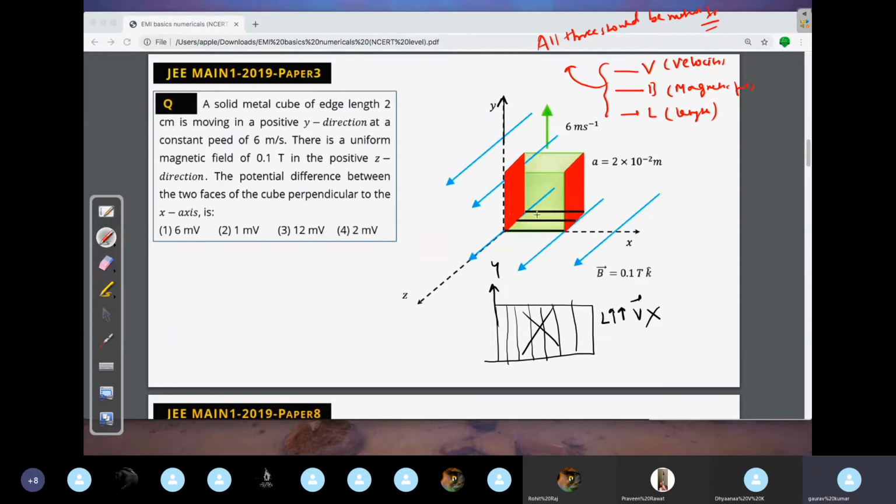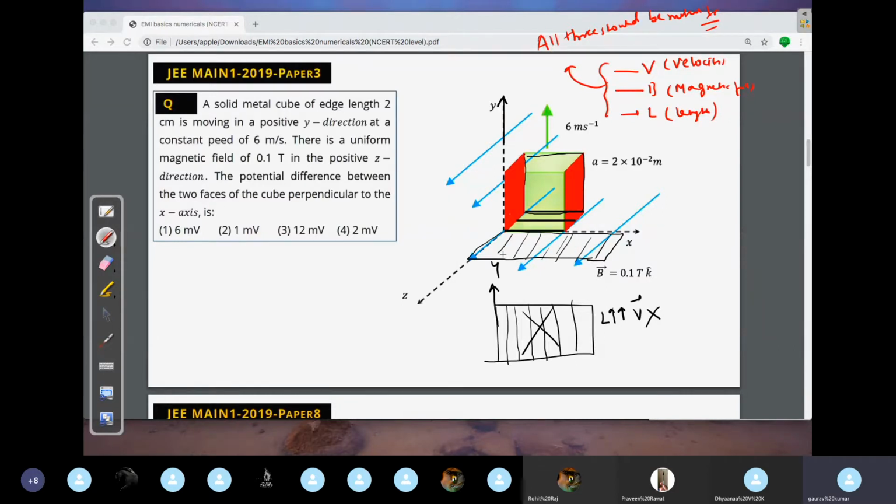Similarly, if you take anything on this plane, the back plane, that is your XZ plane, you can create rods like this.